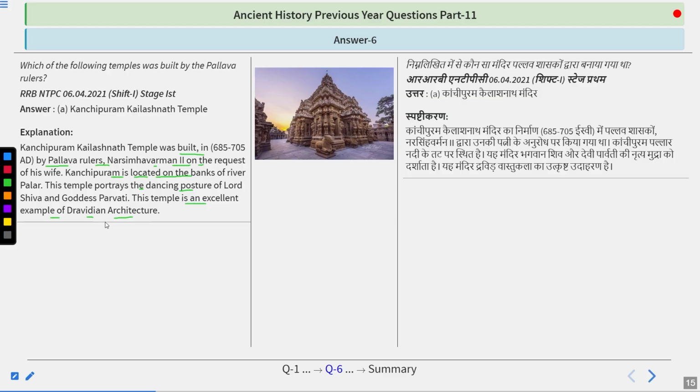And Dravidian, what is Dravidian? Dravidians are the people who are the natives of India, and they are basically related to Indus Valley civilization. So Dravidian architecture means this architecture is related to those people who were from that era. And here you can see this is called Dravidian architecture, and Kanchipuram Kailashnath temple was built by the Pallava rule.